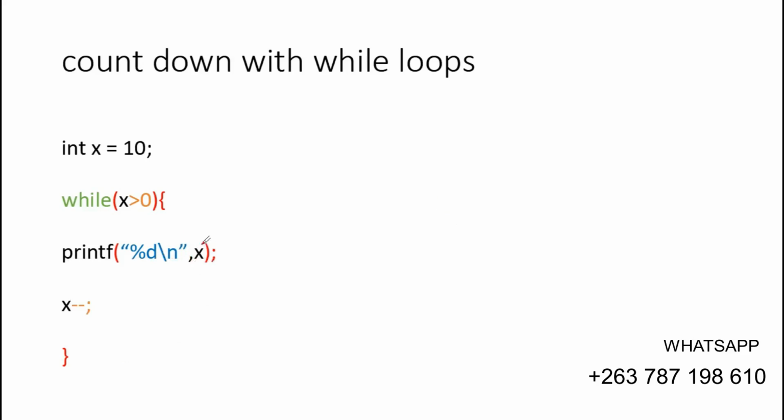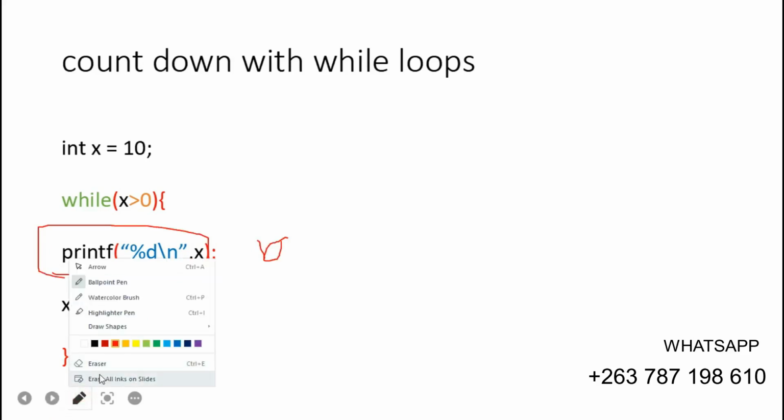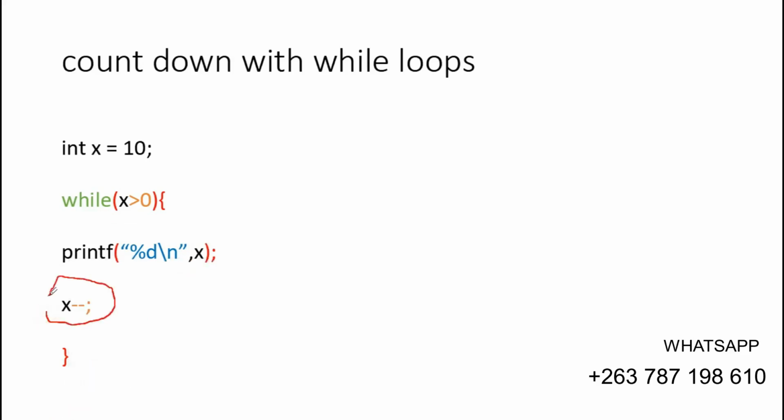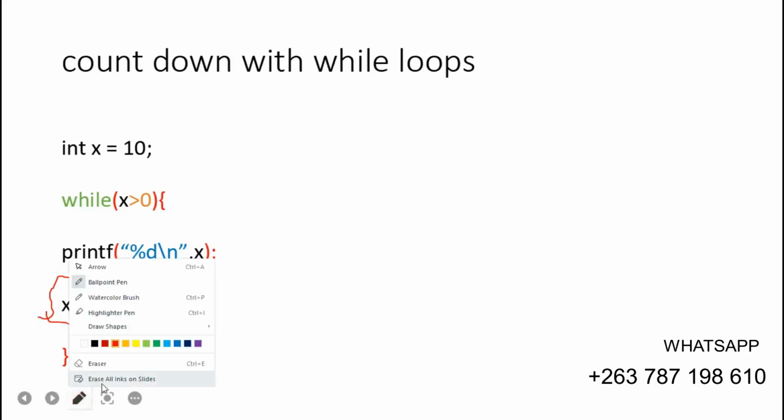So the current value goes to this %d, and \n will introduce a new line on your screen, and after that it will print 10, because the current value of x is currently 10. Then it goes to the next line, x--.